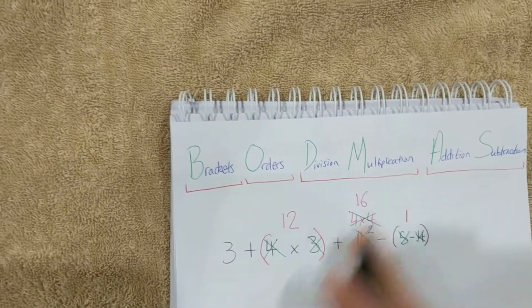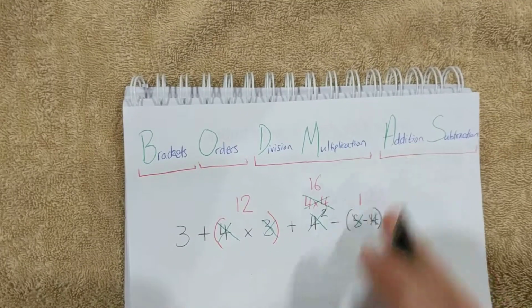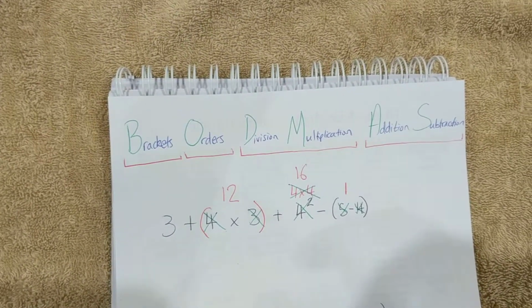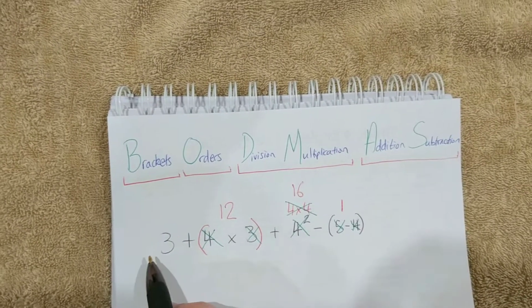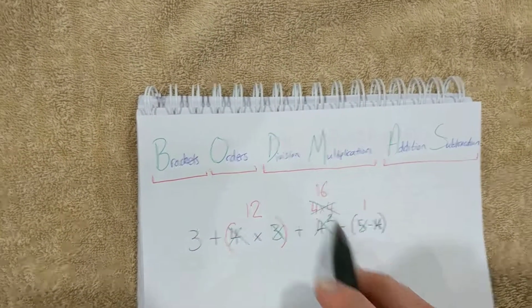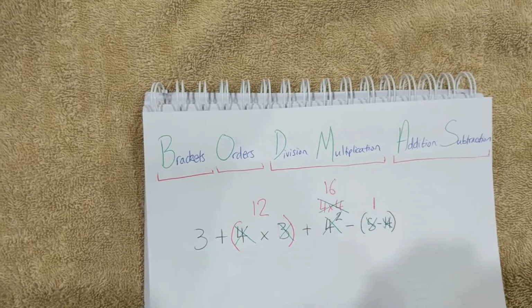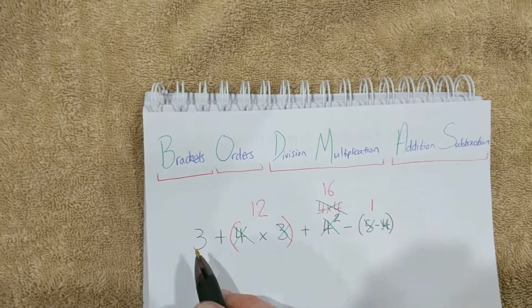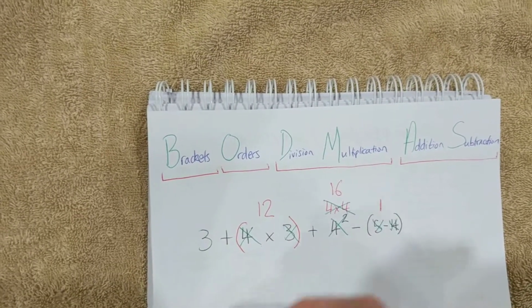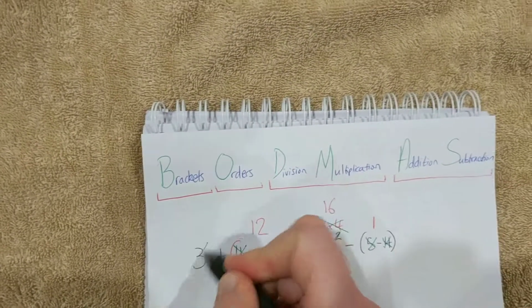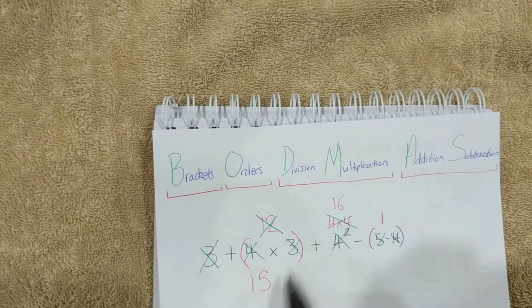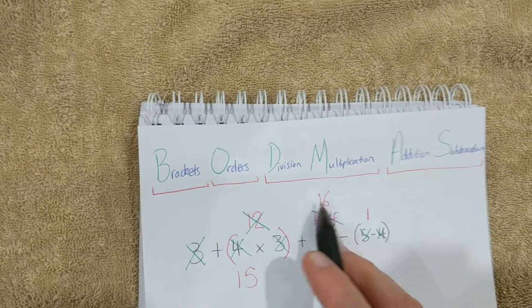And now I can cross out those numbers so I don't use them again. There's no other division or multiplication, so now I can move on to the addition and subtraction part of the sum. And you do that again from left to right. So I can't do this 16 minus 1 over here because I've got to start over this side, from this order. 3 plus 12 is 15. And put that down there and cross those two out. Now I've only got the 3 numbers left, 15, 16 and 1.